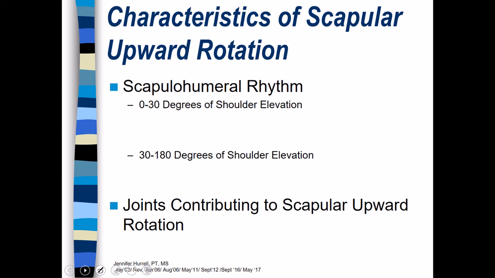And what happens is from 0 to 30 degrees of humeral elevation. So here's a 90-degree angle, you all agree? That's about a 45-degree angle, half of the 90. So 30's about here. From 0 to 30, all of the motion's happening at the glenohumeral joint, meaning the scapula is not upwardly rotating yet. From 0 to 30, pure glenohumeral joint motion.